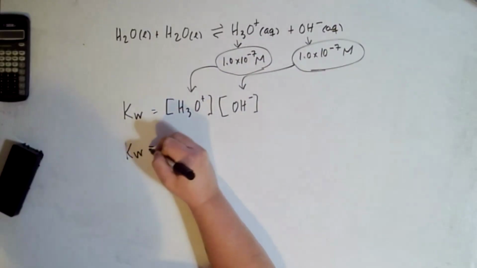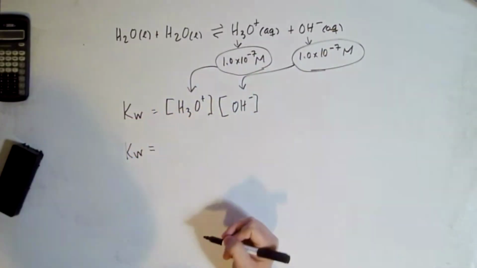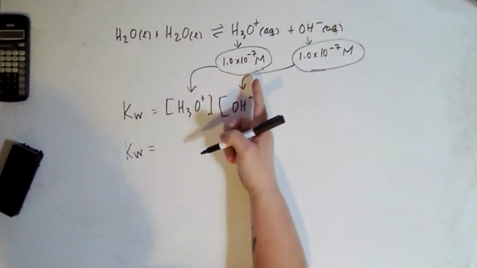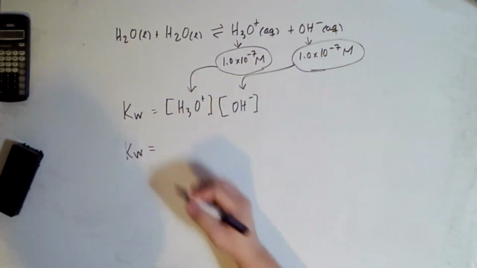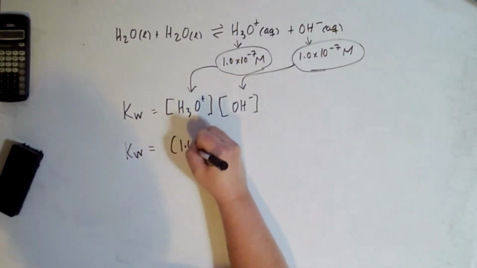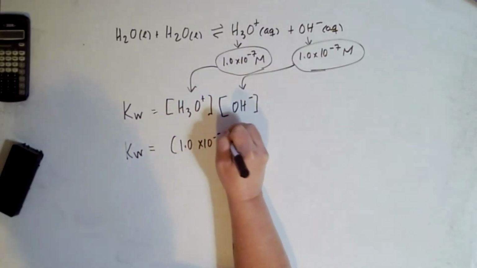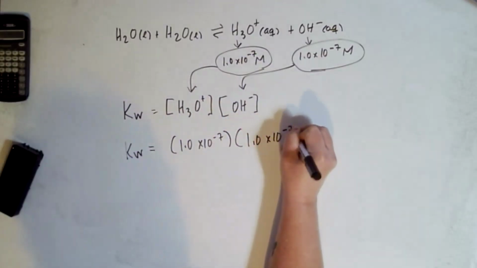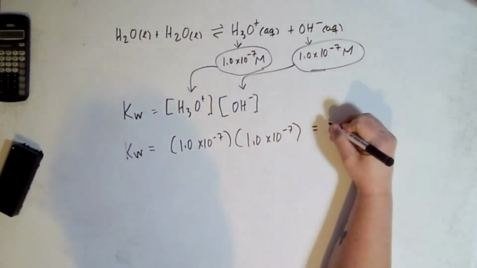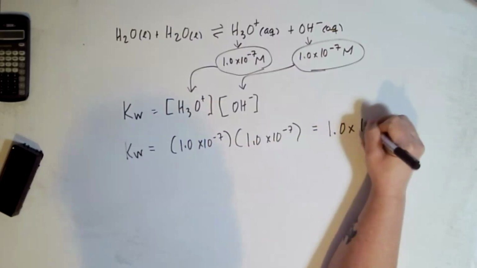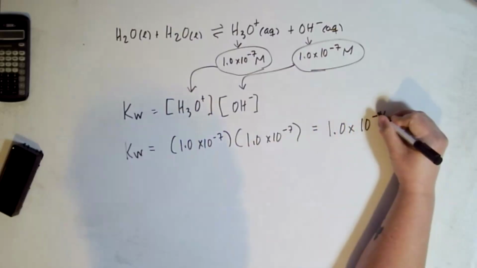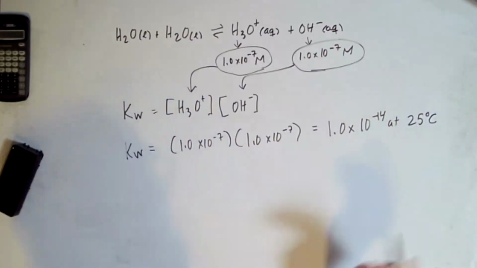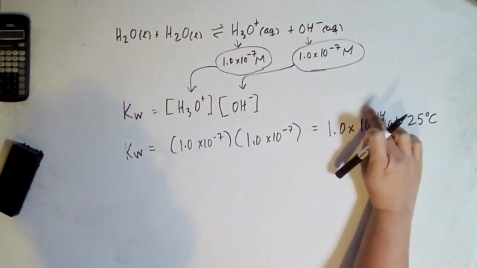So the Kw value for water at 25 degrees Celsius is going to be 1.0 times 10 to the negative 7 times 1.0 times 10 to the negative 7. Which is going to give us 1.0 times 10 to the negative 14. As long as we're at 25 degrees Celsius. When the temperature changes, that value will change.